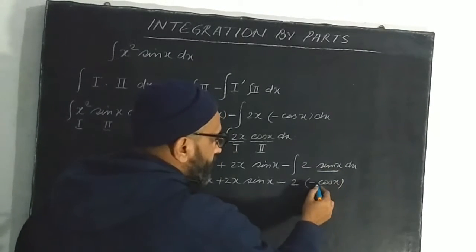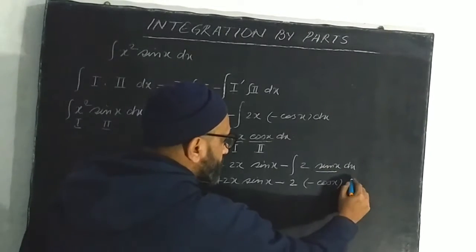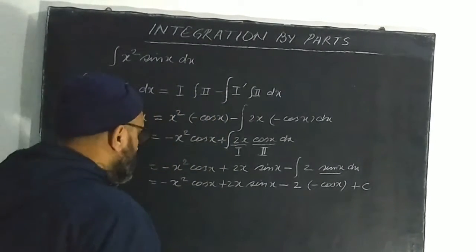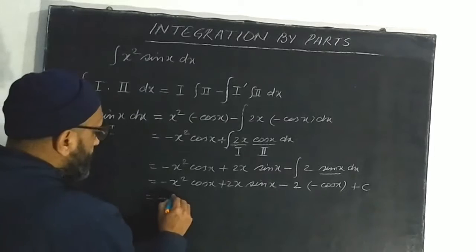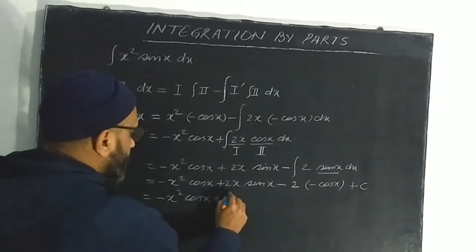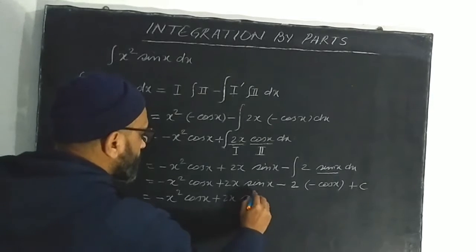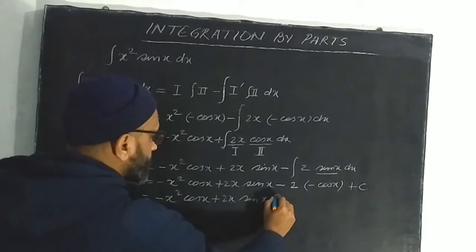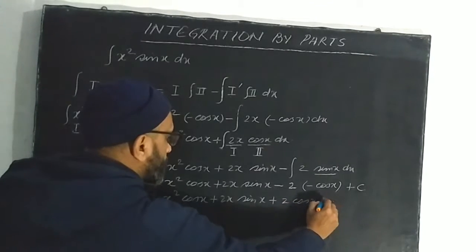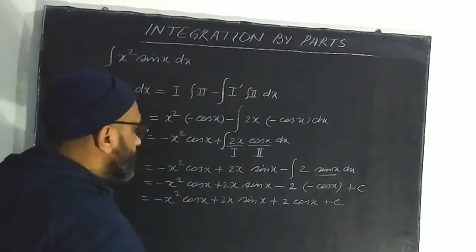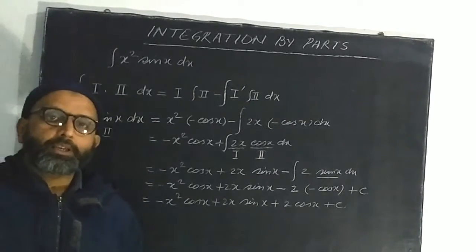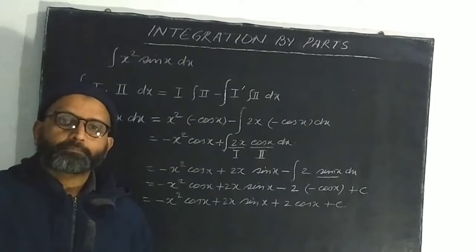So the integral of sin x is simply written as minus cos x, plus c, the constant of integration. So finally we get minus x square cos x plus 2x sin x, minus into minus, plus 2 cos x plus c. So this is the way to perform integration by parts.